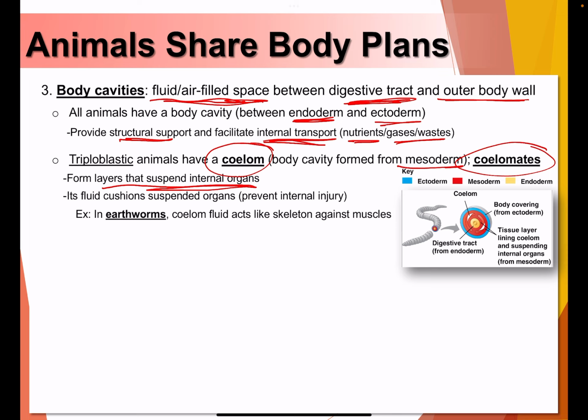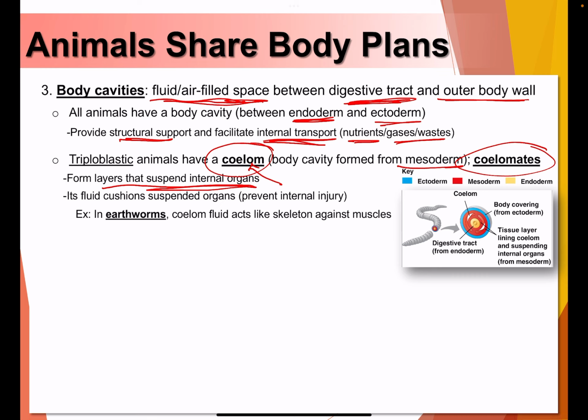That's what a cavity is, an open space for all the organs to fit within. And when you have all these organs in there, you have to somehow suspend them so they don't disorient themselves or mislocate to another location of your body. That's why you have a way to suspend the internal organs by the coelom.